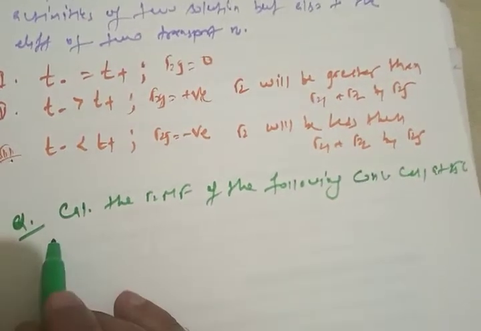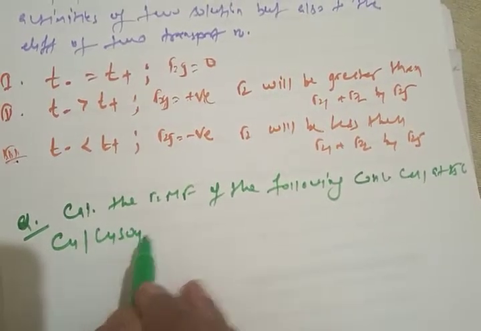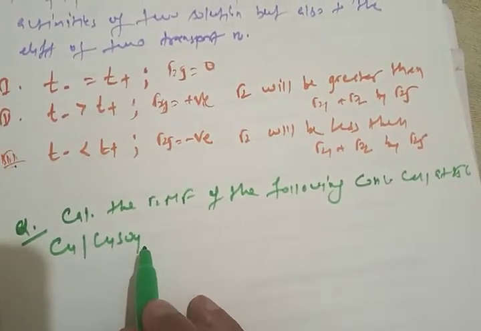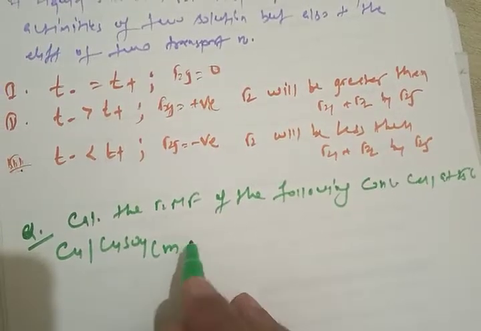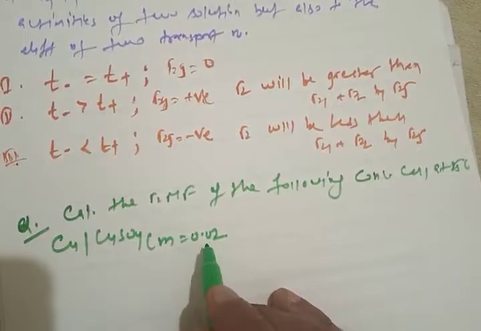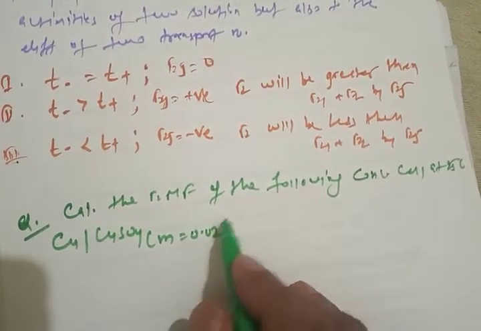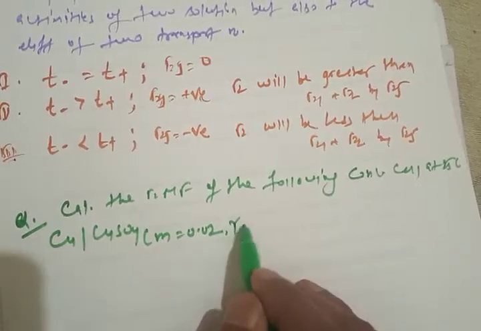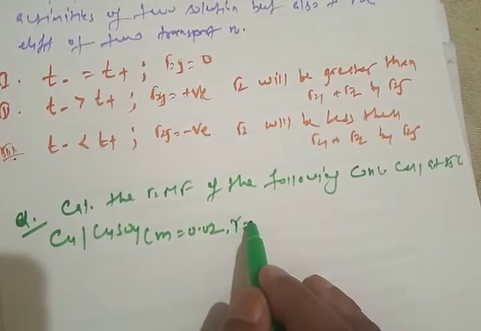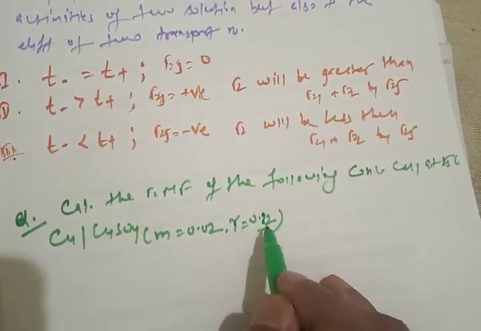So the cell is copper sulfate, and the value you are given, m is 0.02. m is the molality, small m, that means it is molality. Then the activity coefficient given to you for this is 0.32.